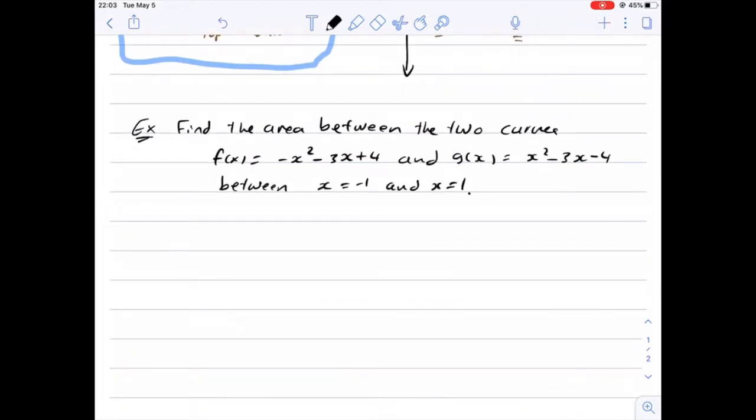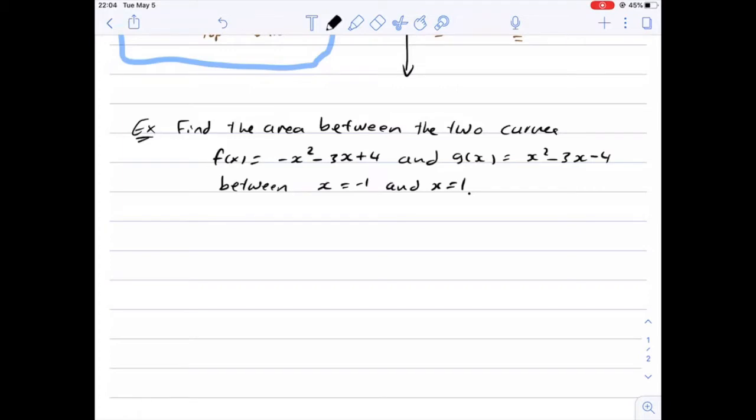Now we want to find the area between those two curves from x equals negative 1 to x equals 1. Now you can graph the functions. If you can graph the functions, it becomes easier to find the area, but that's not necessary.